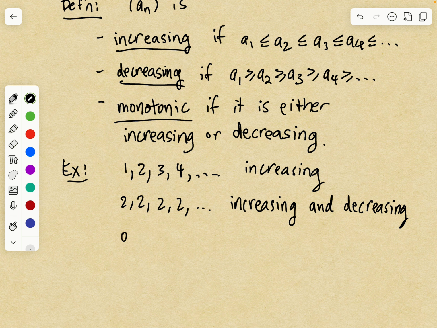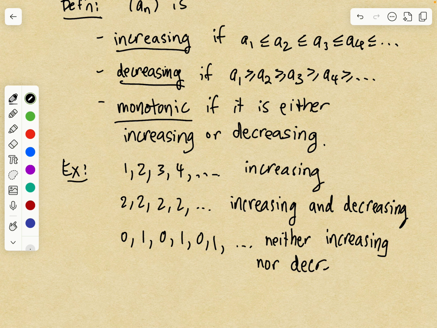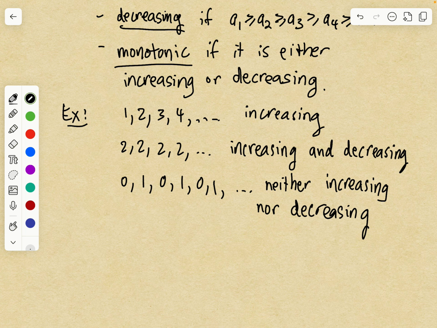What about something like 0, 1, 0, 1, 0, 1, etc.? You could pause the video and take a few seconds. Well, this sequence is neither increasing nor decreasing. It doesn't satisfy either of the conditions of the definition. In particular, this is not increasing and decreasing.